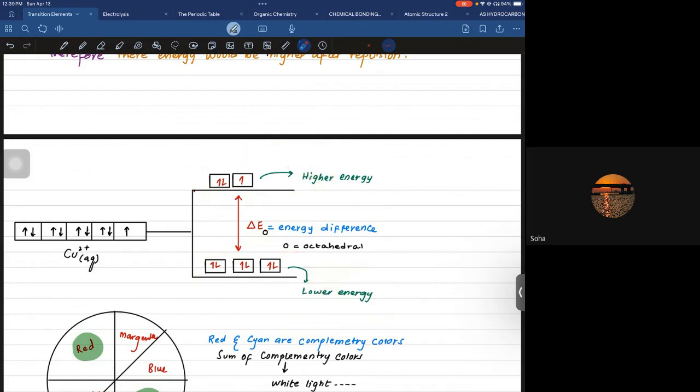So how is the difference created? Of course, when the ligand approaches the metal, the difference is created. Now, what would happen?